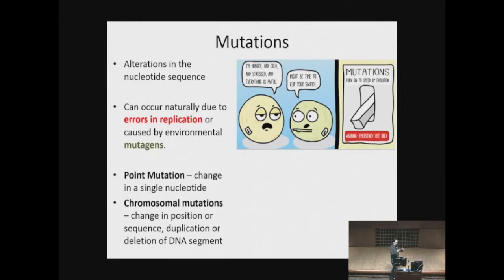So how does DNA replication relate to mutations? Mutations are nothing else but alterations in the nucleotide sequence, some errors that may happen during DNA replication. Those errors can happen because of just random events, or they can be affected by mutagens.